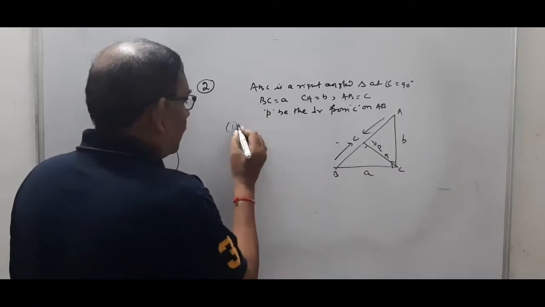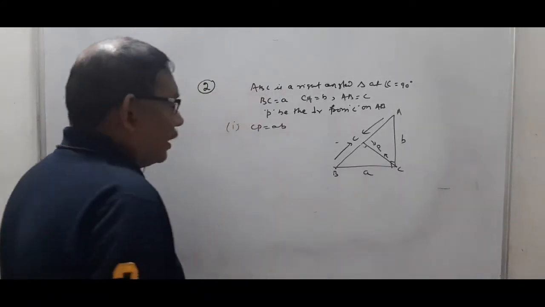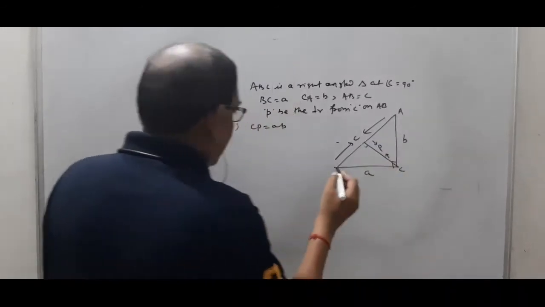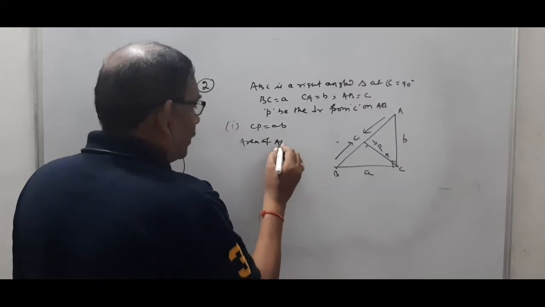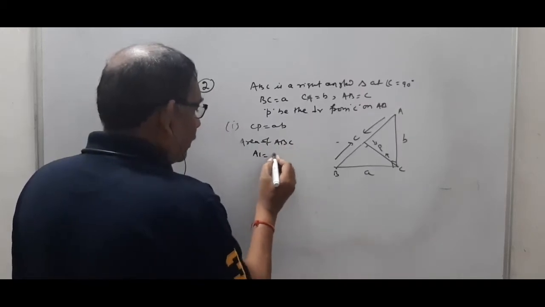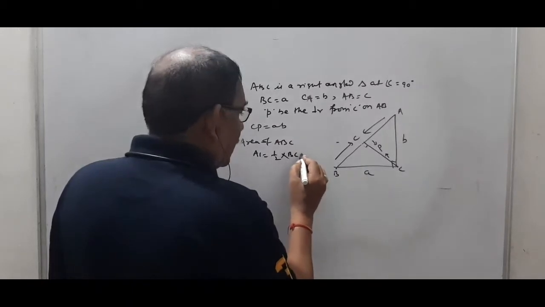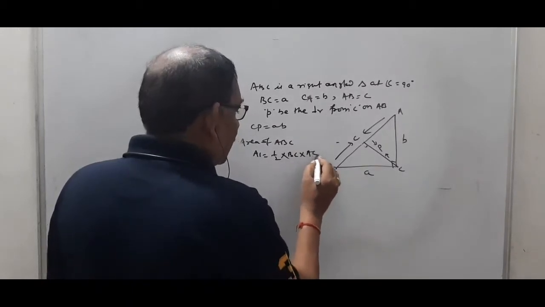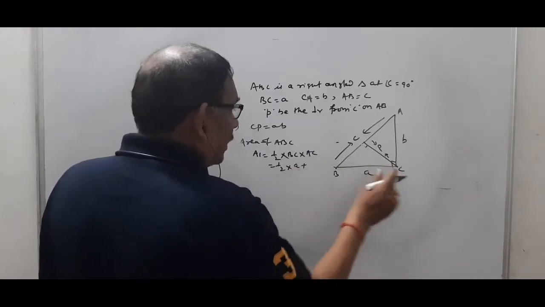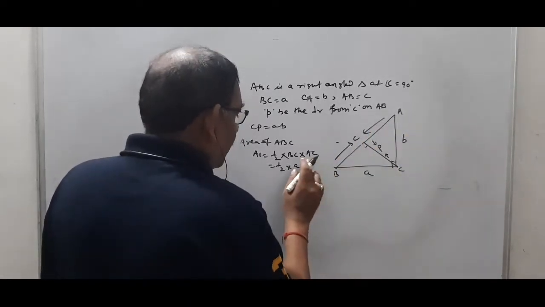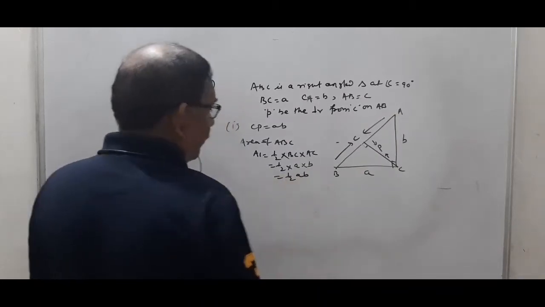First, you have to prove CP is equal to AB. Clear? It is a right angle triangle. Find out the area first. Area of ABC, A1, is half base into height, BC into AC. Here BC is equal to A and AC is equal to B. It means half AB.